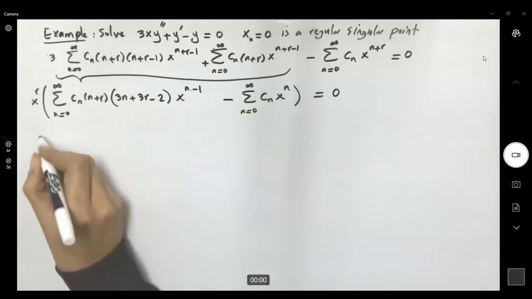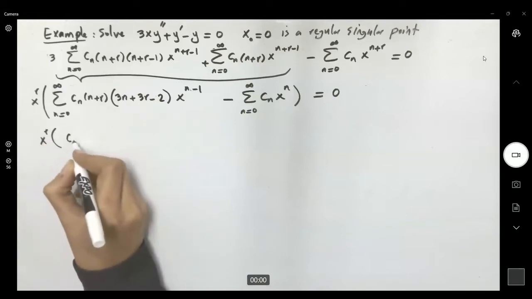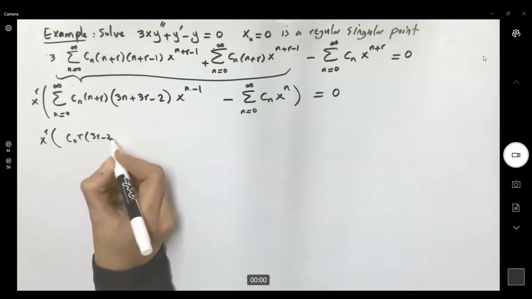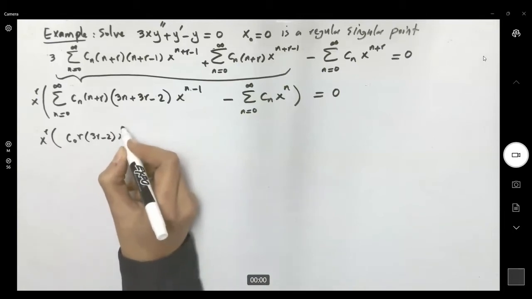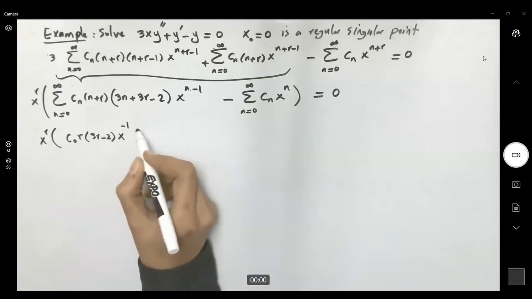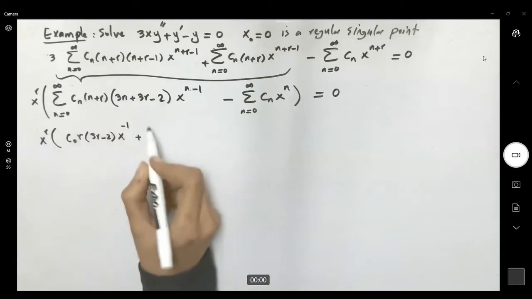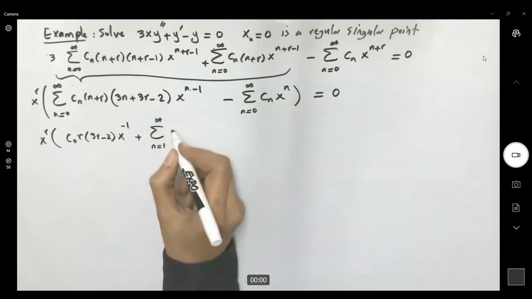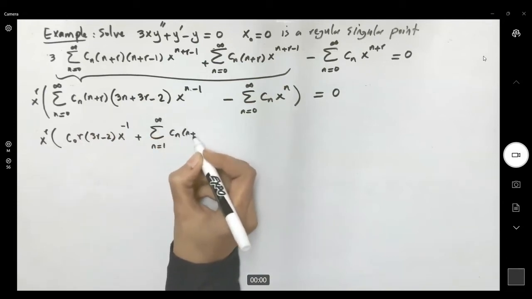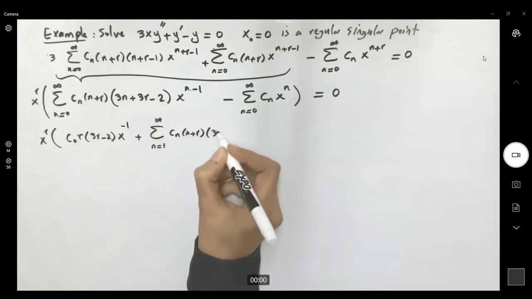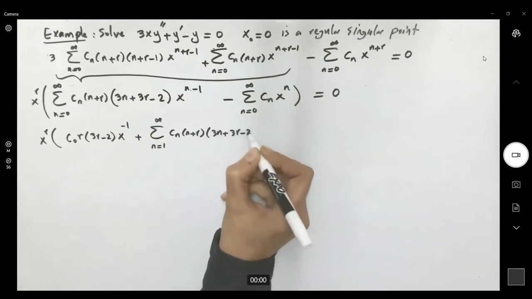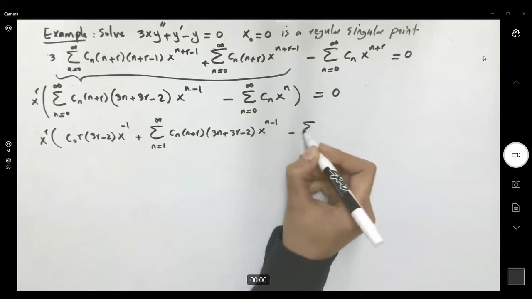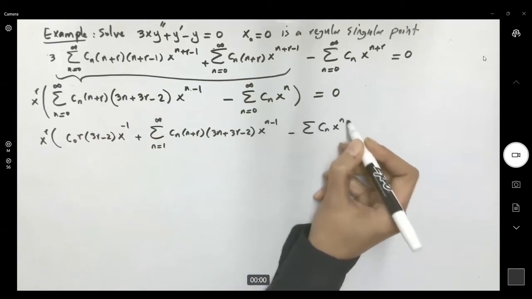So this becomes x to the power r, c sub 0 times r (3r minus 2) x to power negative 1, and then plus the rest of this series starting at 1 to infinity, Cn (n plus r)(3n plus 3r minus 2) x to n minus 1, minus the sum Cn x to the n.